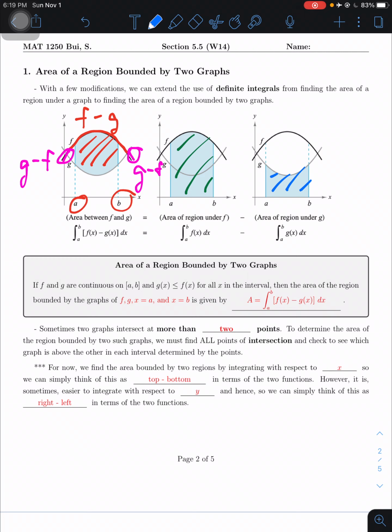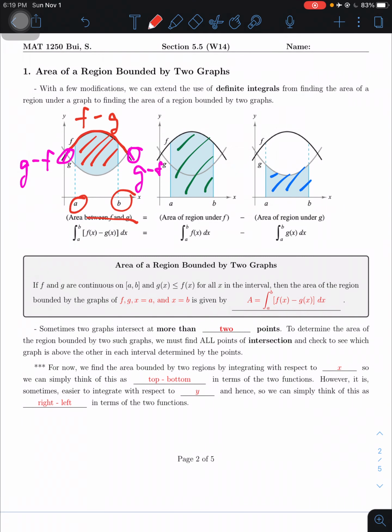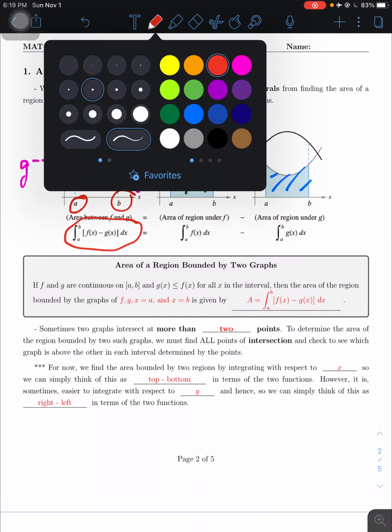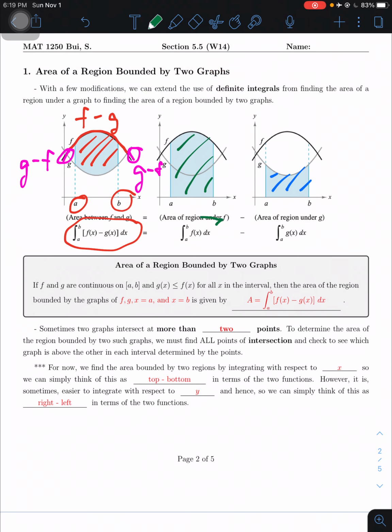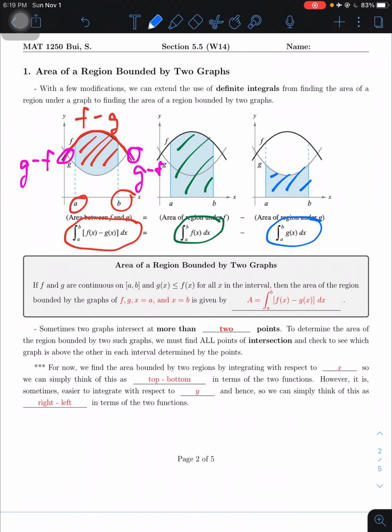All right, so to get the red area, we're going to do green minus blue, right? So this one is the red area that we want to calculate. And this one is the area underneath of F, or the green area. And this one is the blue area, the area underneath of G.